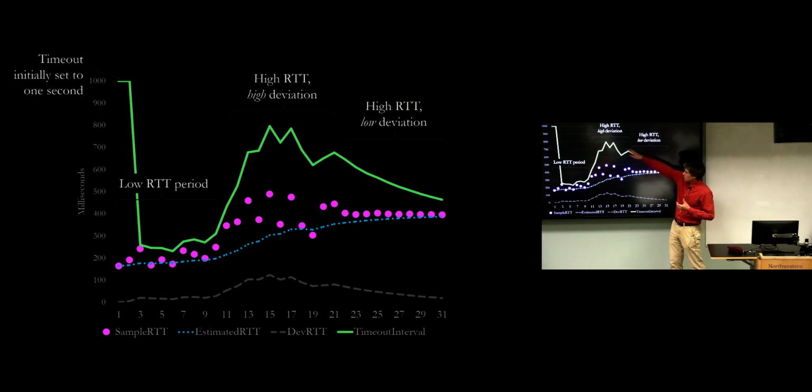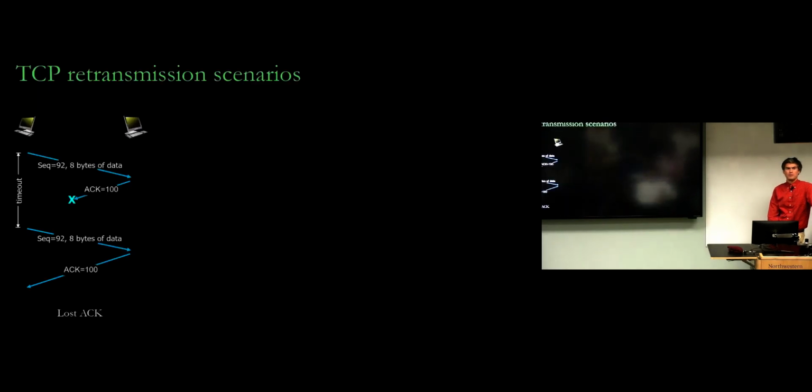And so in that case, we wanted to have a really high timeout, and you can see how it adapted. And then later on, it got more consistent, but was still on average the same delay. And when it got more consistent, the timeout ends up getting smaller because less safety margin is needed. That's all a consequence of these simple formulas. Okay. Questions about that?